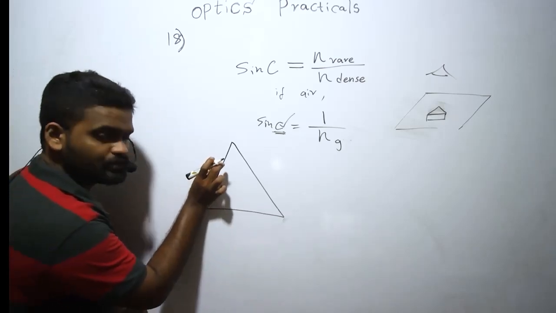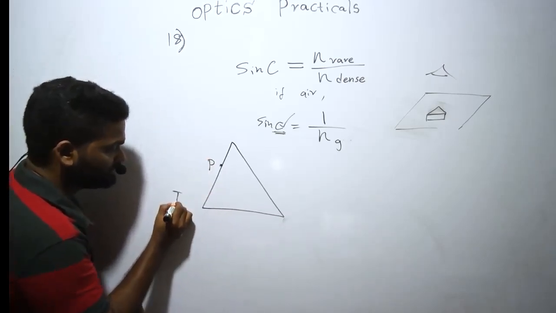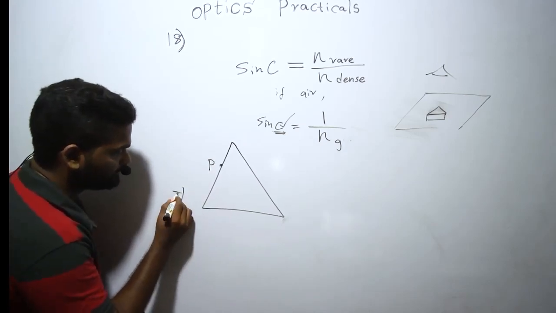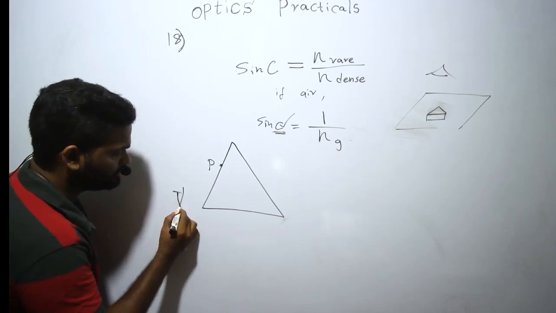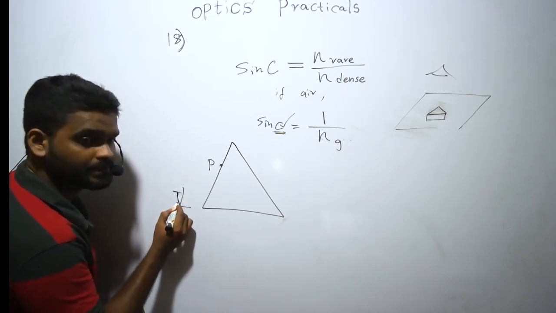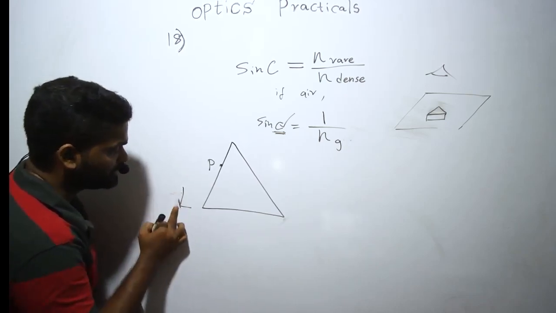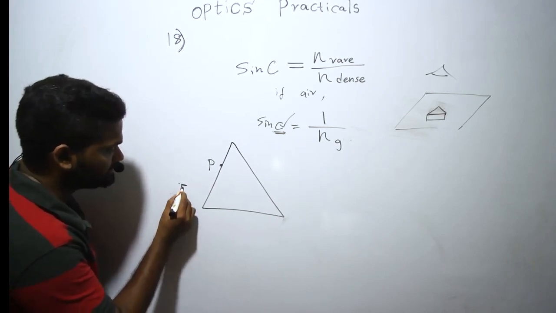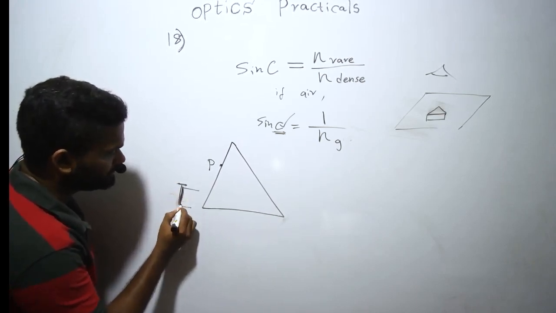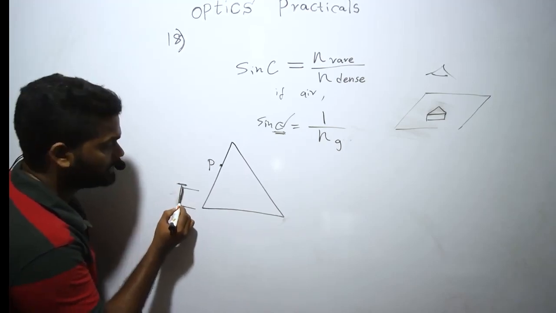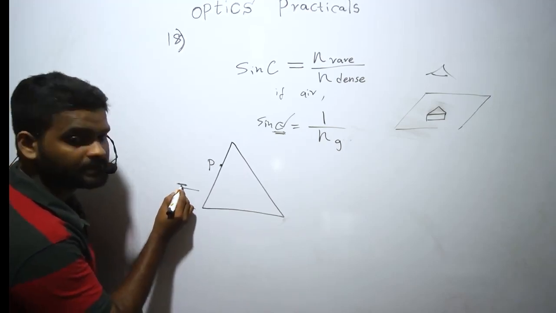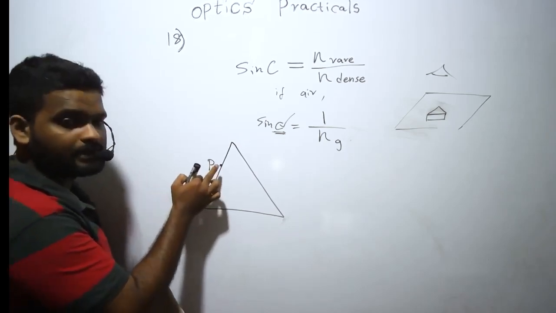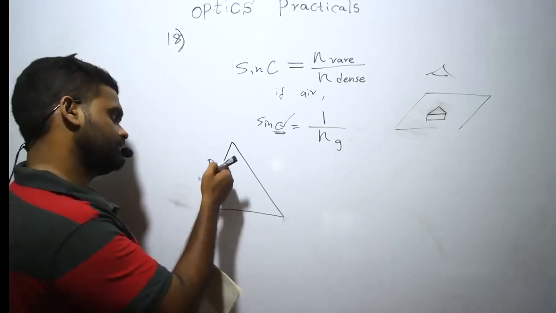Otherwise, if the optical pin is short like this, you won't be able to place it at the edge of the prism. It will be like this. So if its height is enough, you can place the optical pin like this. So that's why you need an optical pin for this one, right?